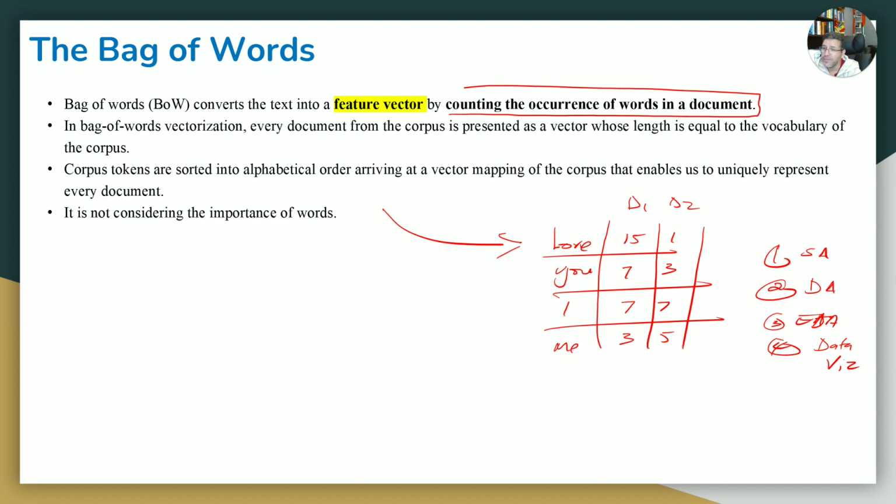In bag of words vectorization, every document from the corpus, which is a collection of documents, is represented as a vector whose length is equal to the vocabulary of the corpus. If you have 5,000 unique words, then the number of columns we are going to have is 5,000.